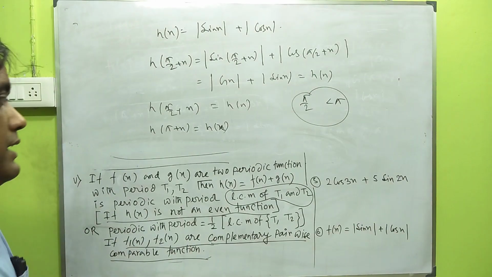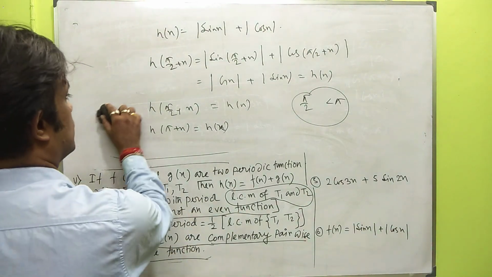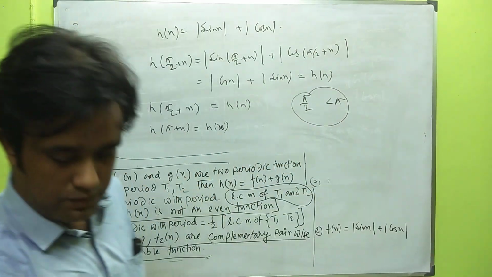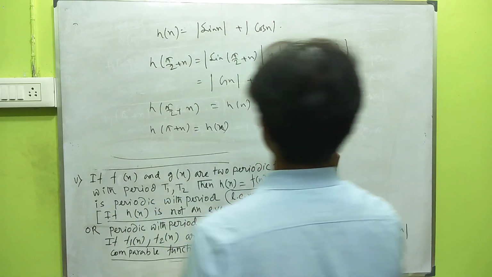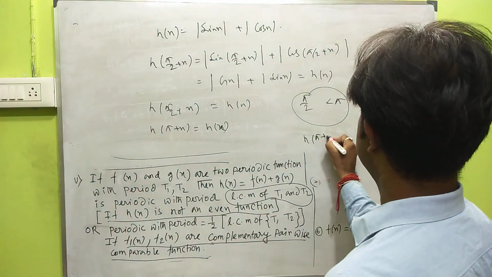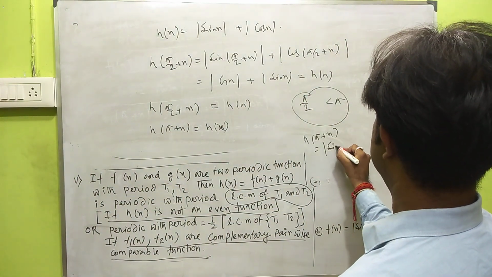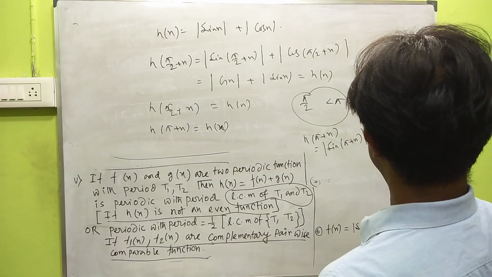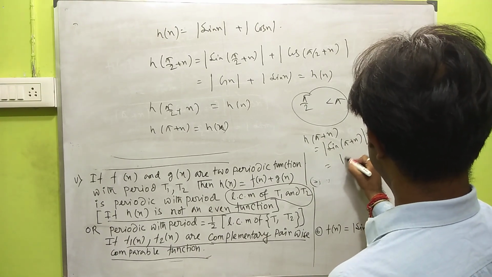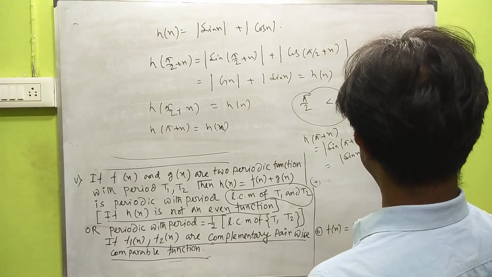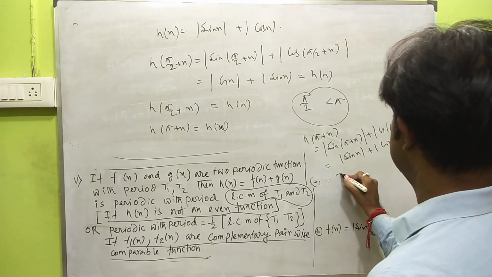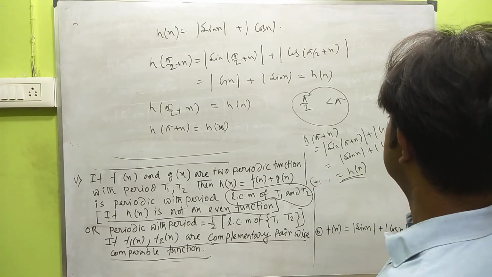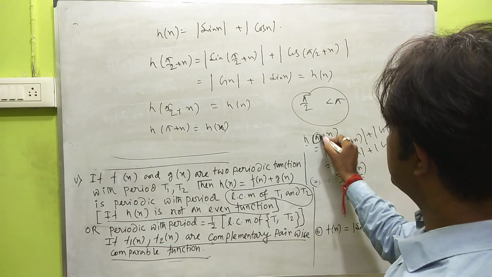Suppose we follow the previous rule. Then what will happen? h(π + x) is mod of sin(π + x) plus mod of cos(π + x), this will be mod of sin x plus mod of cos x, that is h(x). So h(π + x) is equal to h(x), so this can be a period.